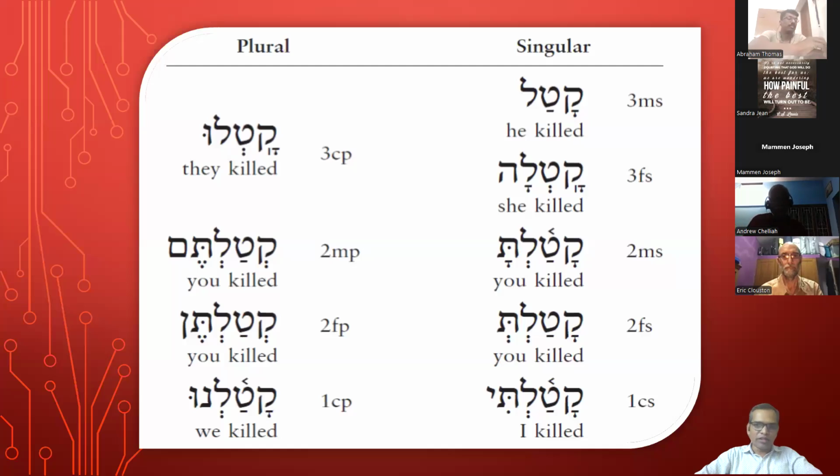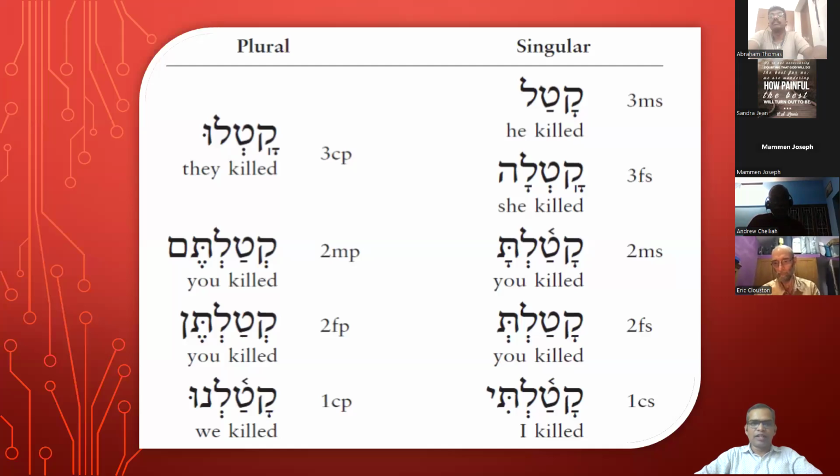Now coming to the third common plural, here also the same principle. It will be Katalu. And again, tet with pata will become an open syllable with a short vowel that has to be reduced to simple vocal shiva. And again, methek will be placed along with kamats in order to state that the next shiva placed after it is a simple vocal shiva.